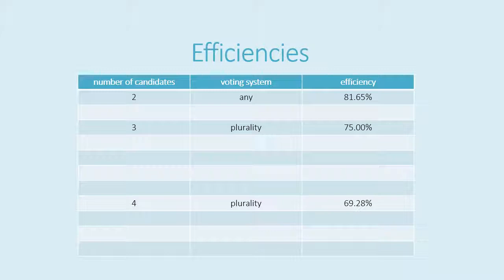Indeed, it drops asymptotically to 0%. On the other hand, Borda's rule performs well. Its efficiency increases as the number of candidates increases and rises asymptotically to 100%.